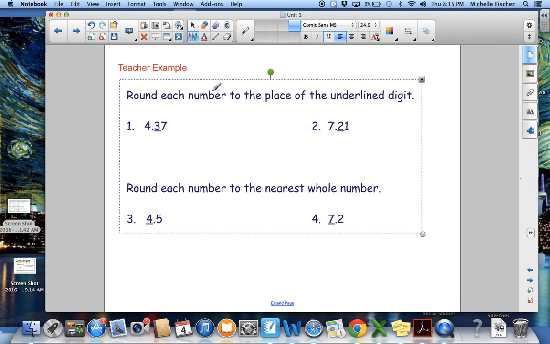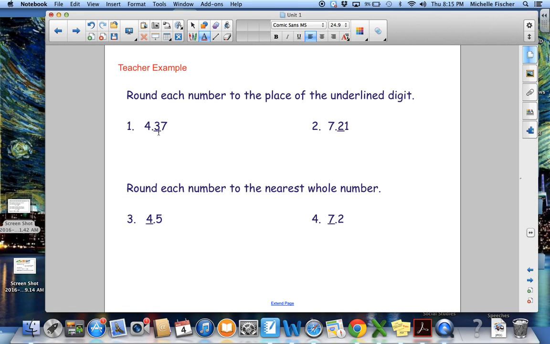Alright, let's work through a couple examples together. Here we're going to round each number to the place of the underlined digit. So in number 1, our underlined digit is 3, so that's our rounding place. That means we're going to look to the number to the right, which is 7, and we're going to do our saying, 5 or more, raise the score, 4 or less, let it rest.